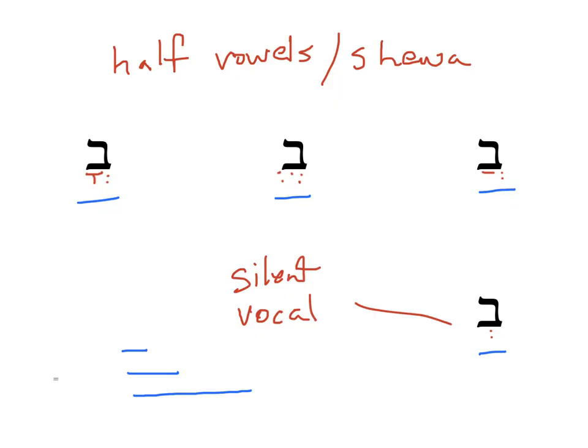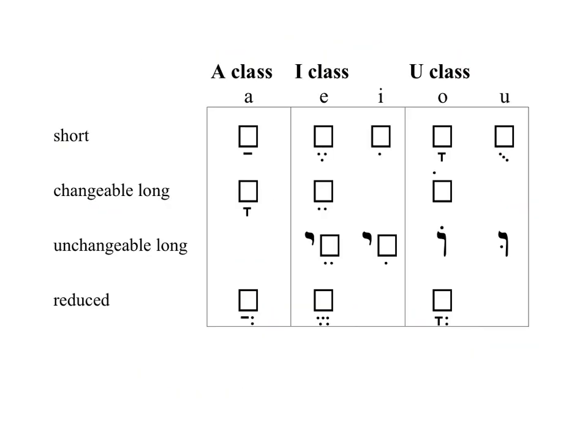o. In English, we think in terms of 5 vowels: A, E, I, O, and U. Now, that's not a useful distinction in Hebrew. In Hebrew, the distinctions that are useful are the A class, the I class, and the U class vowels.